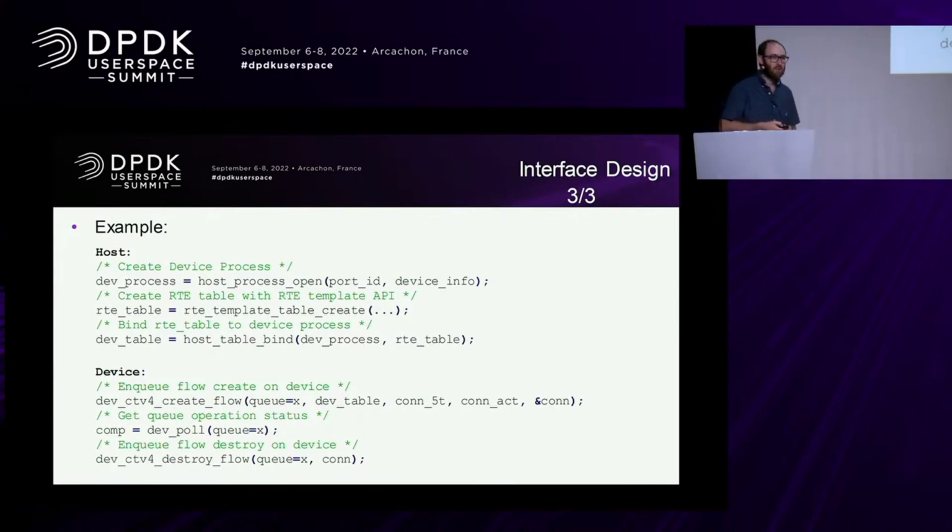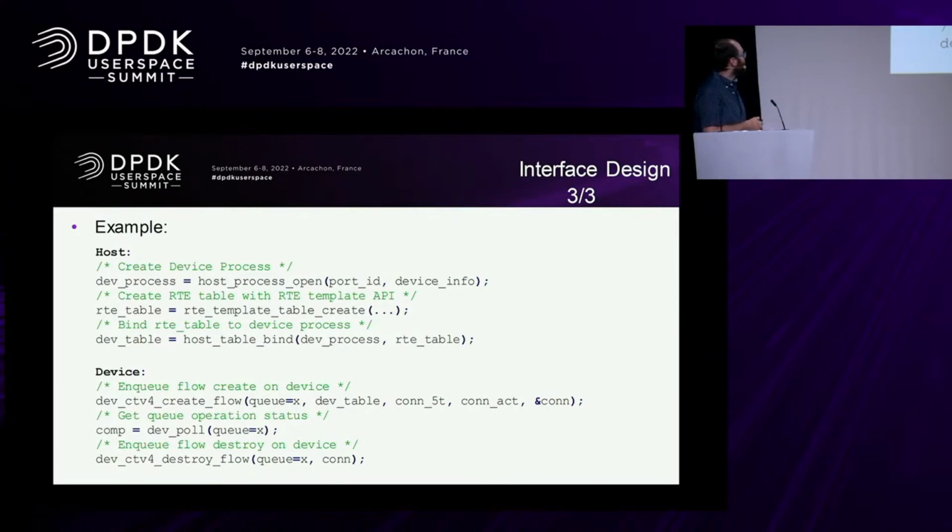This device table is not accessed by the host. It has a memory address which is not accessible by the host, but it is accessible on the device. And we are able to pass this device table to the device interface, so the device can add configuration. So now we have the device table, and here is the device.